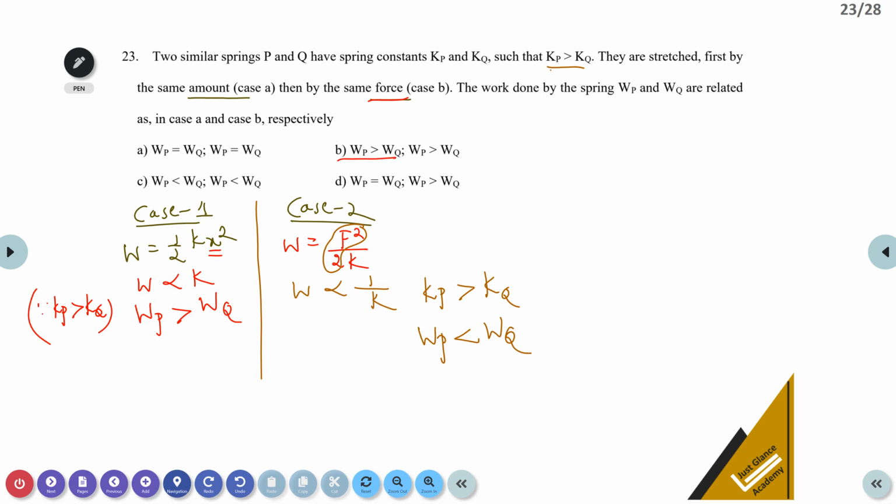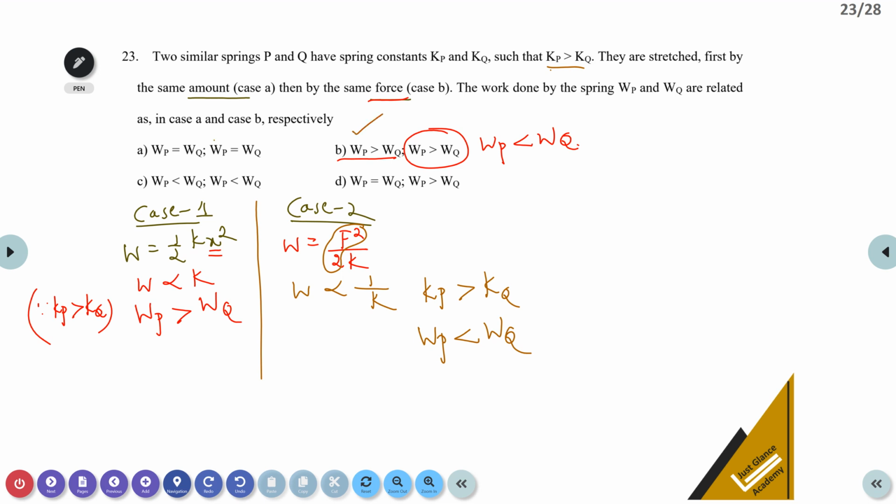One option says WP is greater than WQ, and another says WQ is greater than WP. Here you need to correct it. I think I made a mistake. Since KP is greater, WP is less than WQ. So make corrections in this.